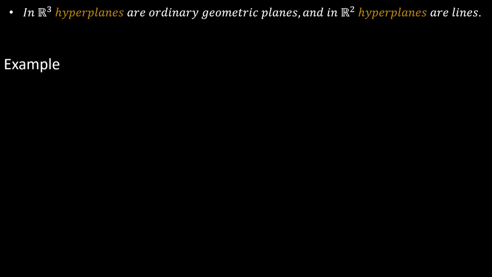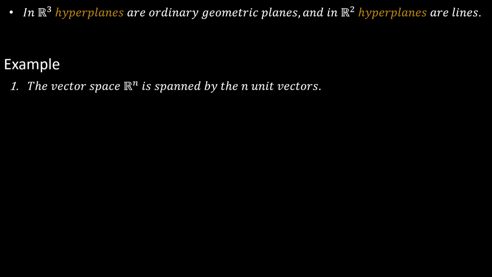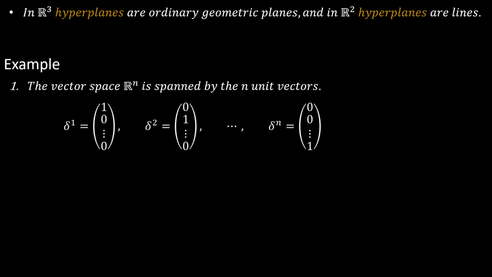Right. Just as an example, the vector space R to the n, or the n-dimensional Cartesian space, is spanned by the n unit vectors. And so we have these unit vectors: delta 1 is 1, 0, 0, 0; delta 2 is 0, 1, 0, 0; all the way up to delta n, which is 0, 0, 0, 0, 1.